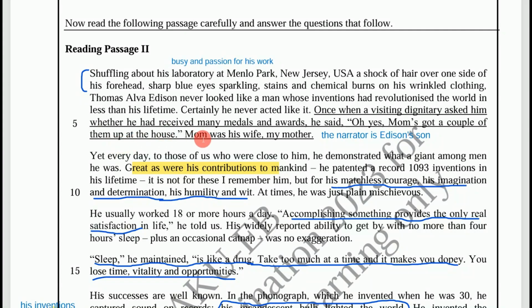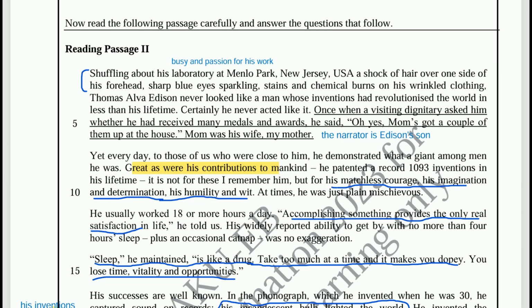So who is mom here? Mom is his wife, means the narrator's mother. And who is the narrator here? From this line, I can guess that the narrator is Edison's son, right? And he's asking about his father whether these medals matter to him. So he responds, "Oh yes, mom's got a couple of them."